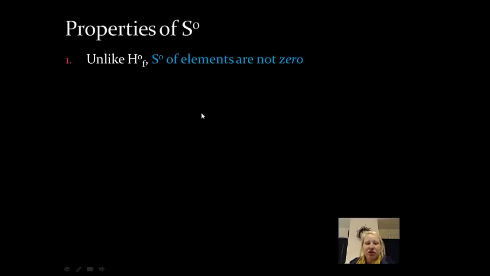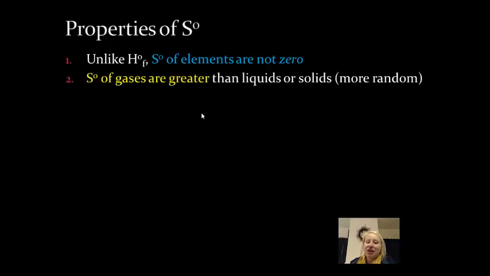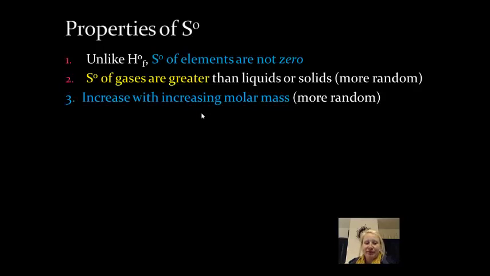So what about these standard entropies for substances? Unlike standard enthalpies of formation, the standard entropy of a substance, and even a pure element, is not equal to 0 because they all have some type of randomness. The entropies of gases are always going to be greater than those of liquids or solids because gases are more random.